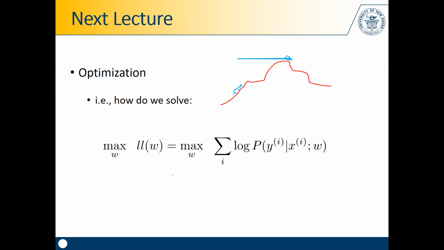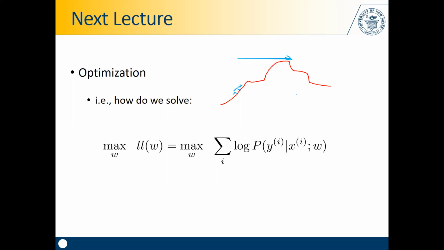What is available to you to signal on whether you've moved upwards or downwards? It's the derivative of your trajectory. If you move upwards, the derivative is going to be positive. If you move downwards, the derivative is going to be negative.